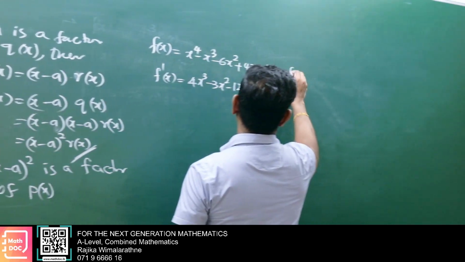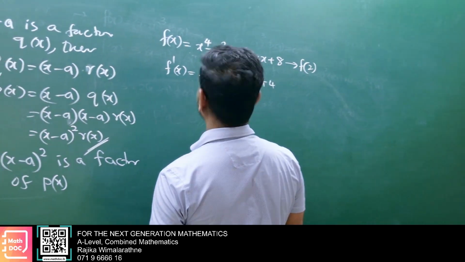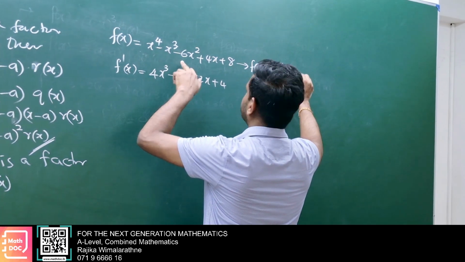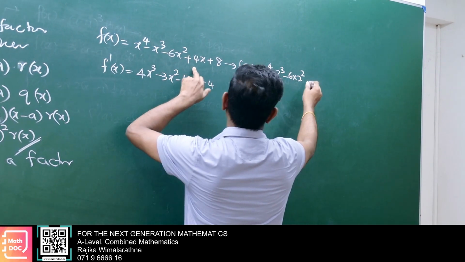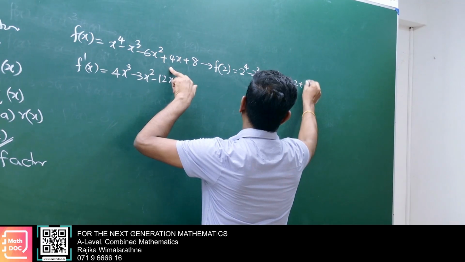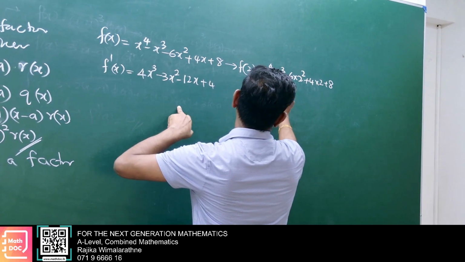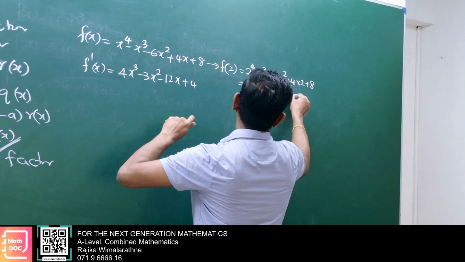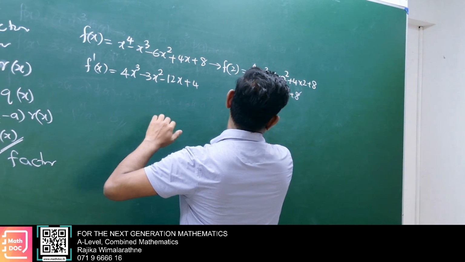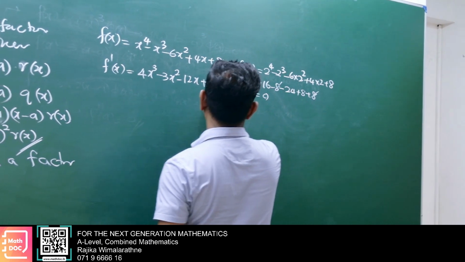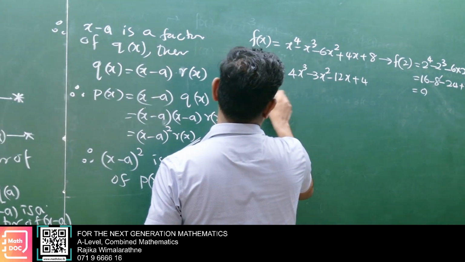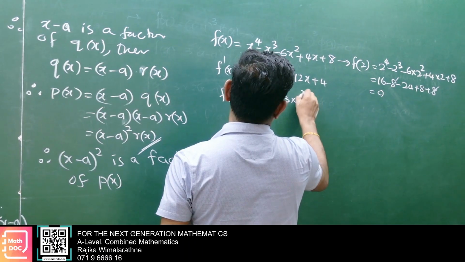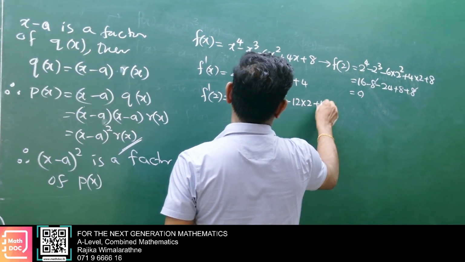Then find f(2): 2 to the power 4, minus 2 cubed, minus 6 into 2 squared, plus 4 into 2, plus 8. Simplify: 16 minus 8 minus 24 plus 8 plus 8 gives 0. Then find f'(2): 4 into 2 cubed, minus 3 into 2 squared, minus 12 into 2, plus 4.